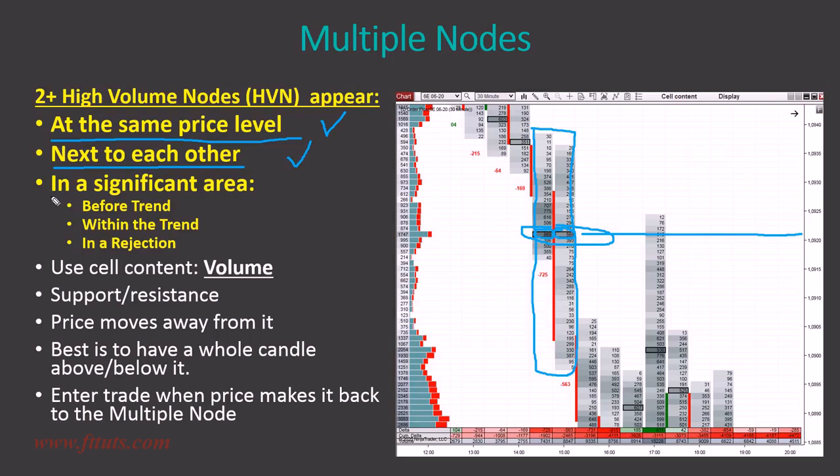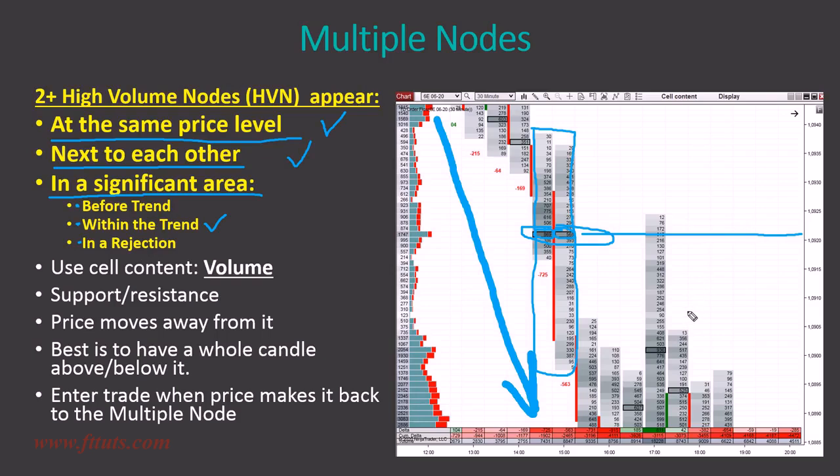And the third one, this double node or multiple node needs to be in a significant area. This significant area either is before the trend starts or within a trend. In this case, there is a downtrend and this double node got created within the downtrend. Or another significant area is in a rejection.